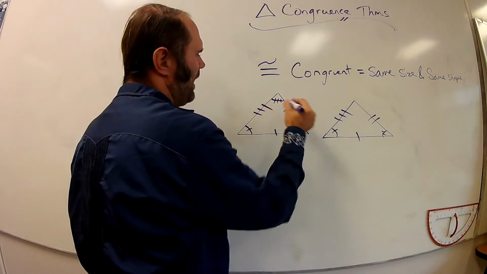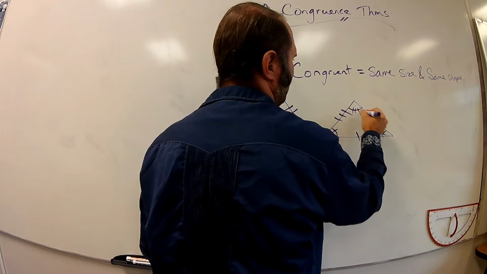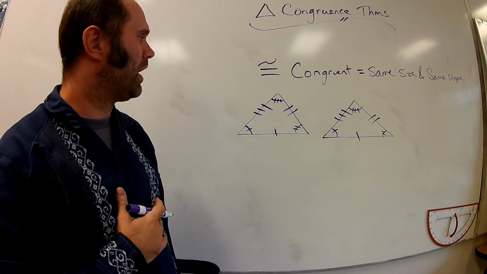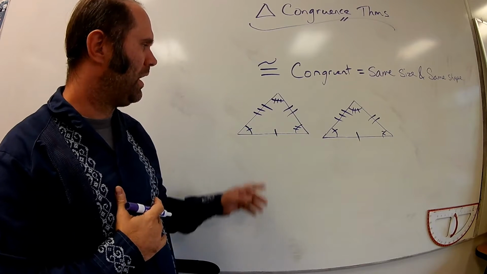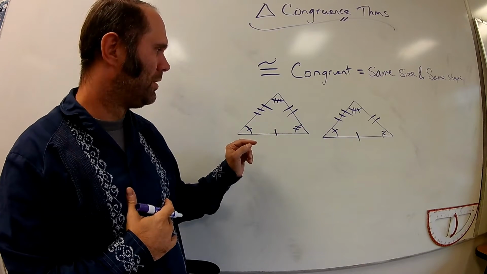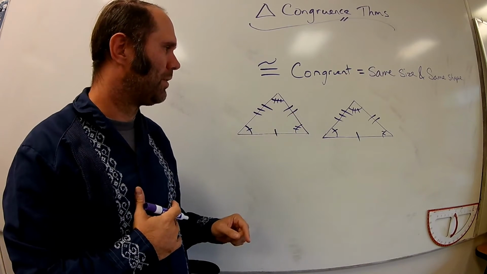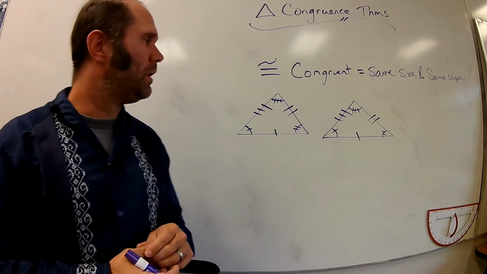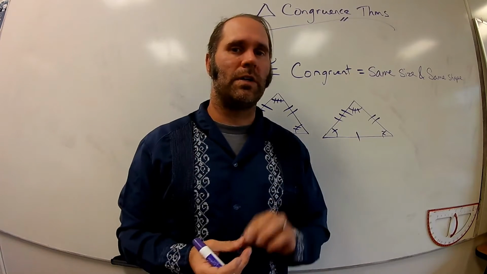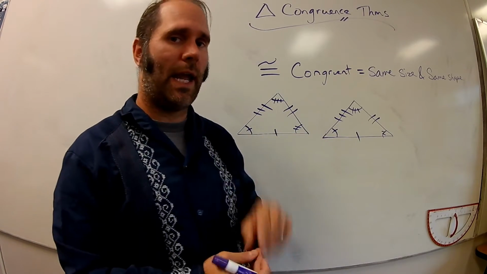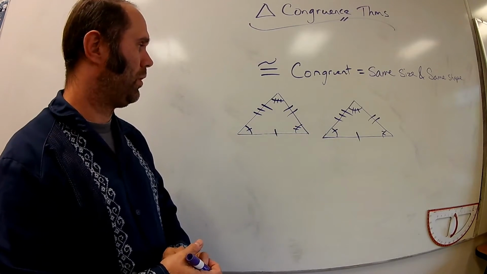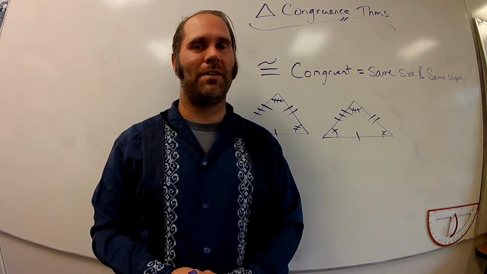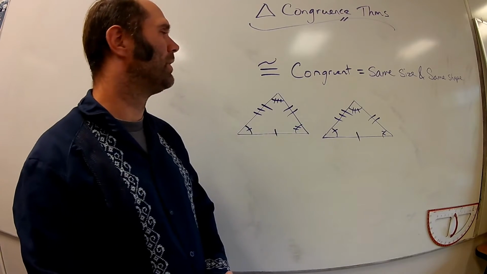And if I had that, I'm guaranteed same size and same shape. So these two triangles are congruent because they have the same size, each side is the same length, and the same shape, each angle is the same angle. So they have congruent sides and angle measures, so they must be congruent. This is enough information for me to say, yep, they are congruent.